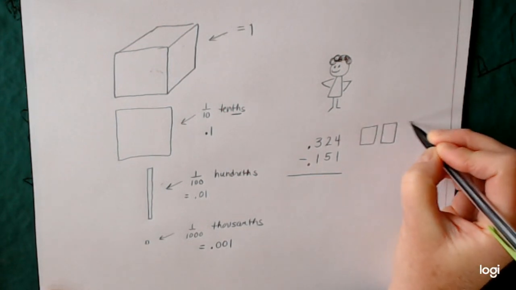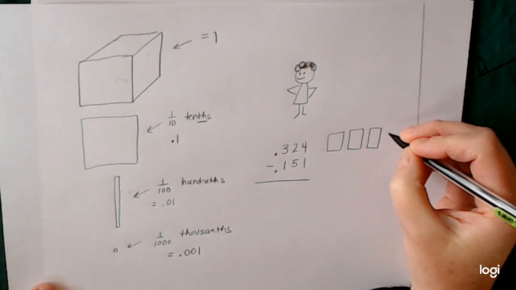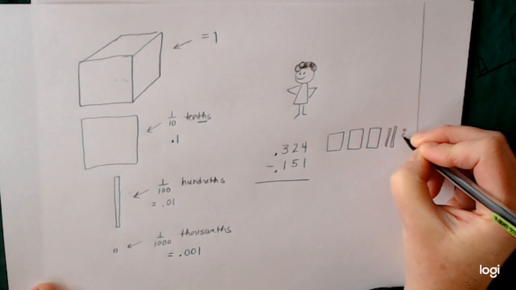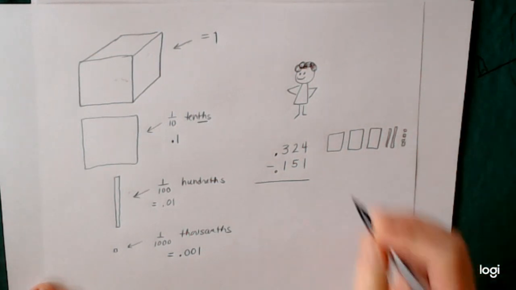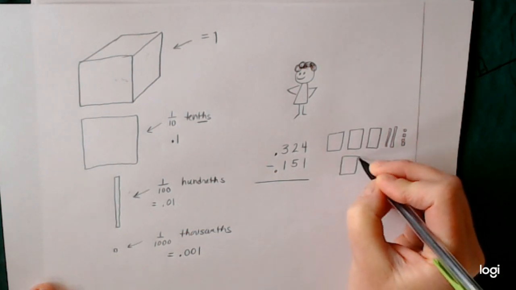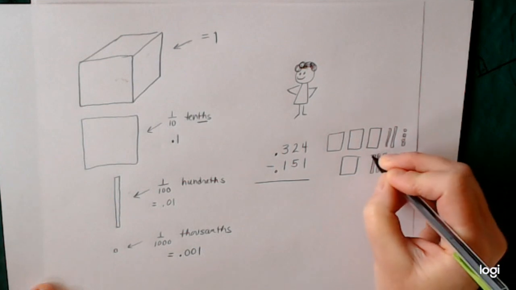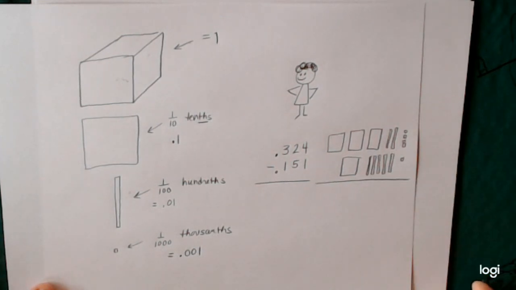So here they are, 2 of these hundredths and 4 of the thousandths. That's what those represent. And here I have 1/10, 5 of these hundredths and 1 of these thousandths. And I'm going to subtract them.